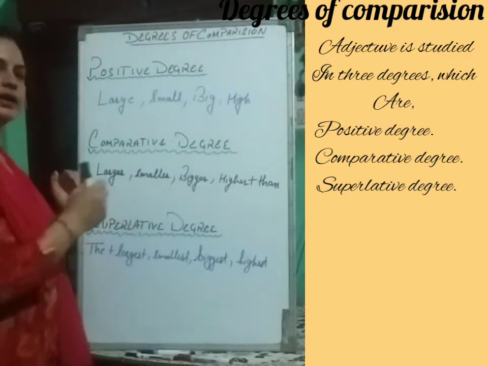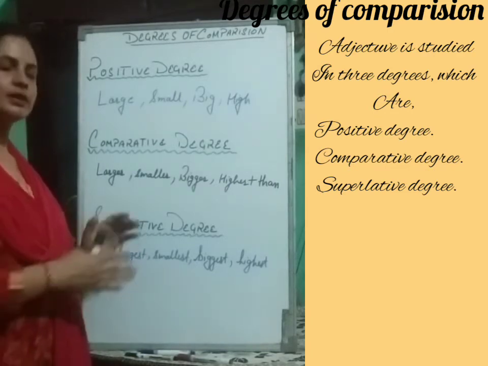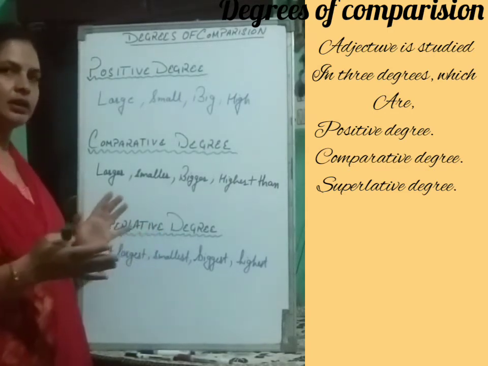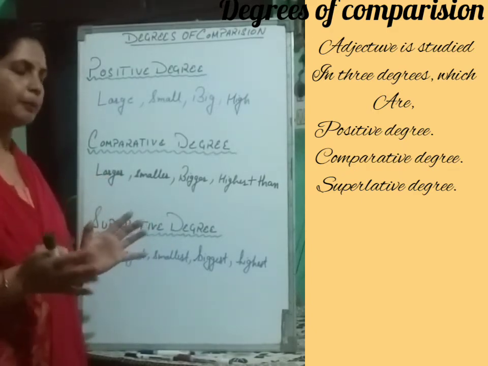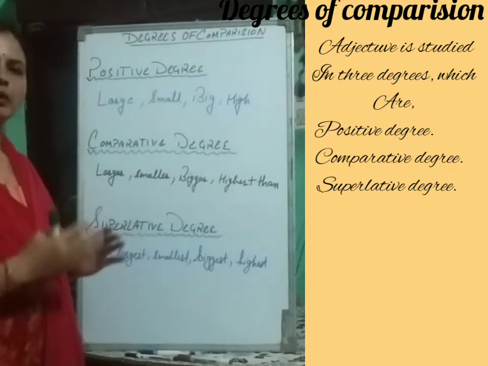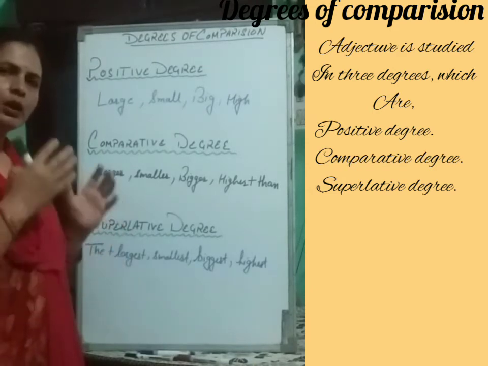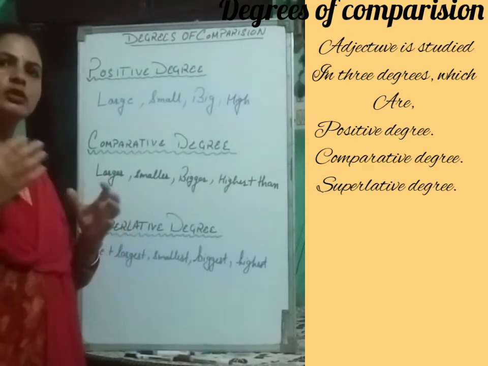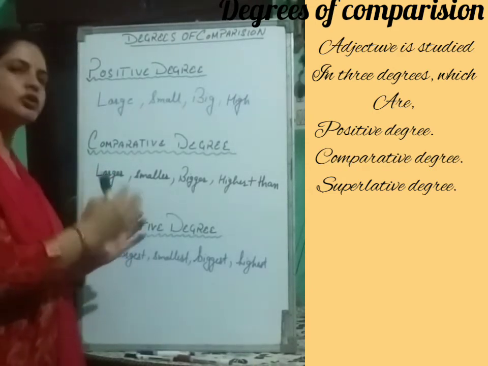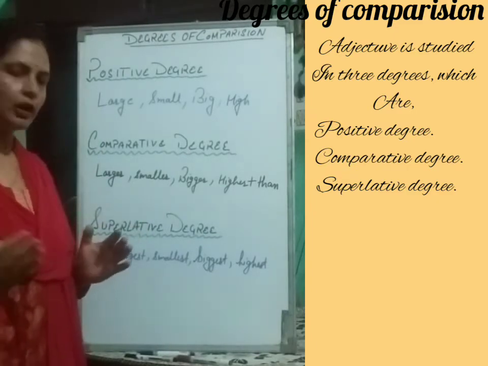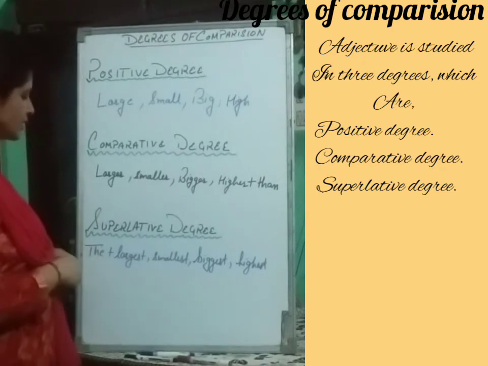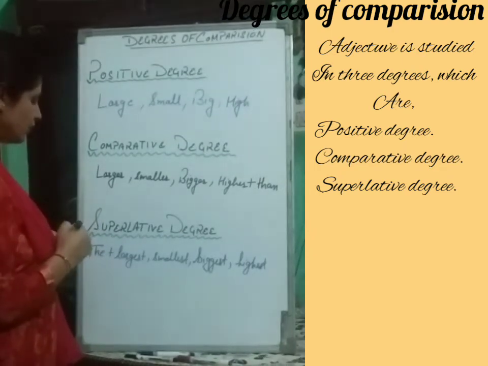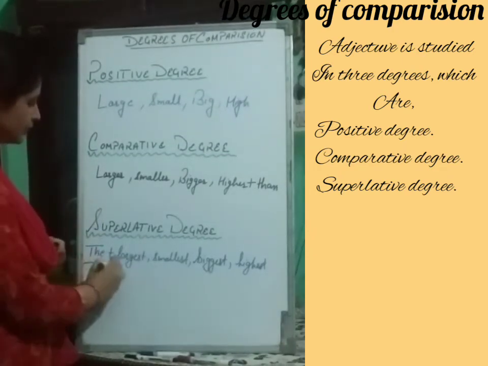Now we move to the next, that is superlative degree. With the name it is understood that it means superior. So after comparative degree, we find such nouns and pronouns which are superior to others. Here the important thing is that we make use of the.